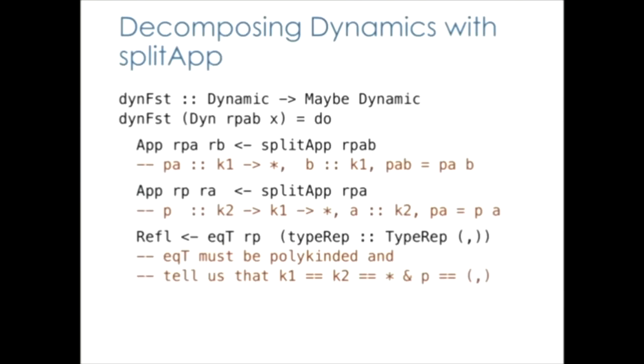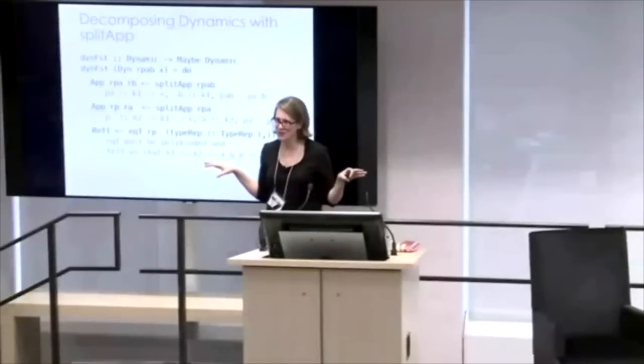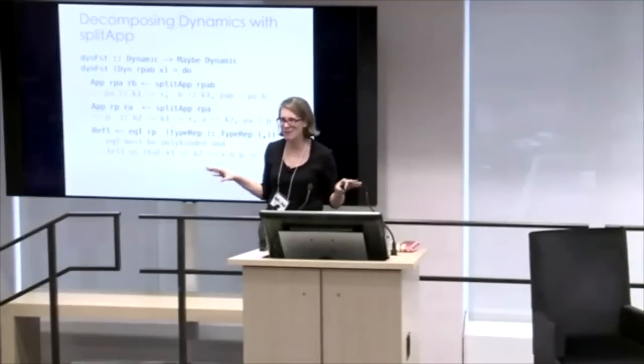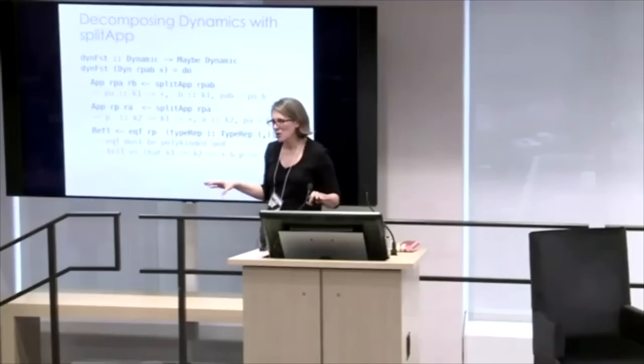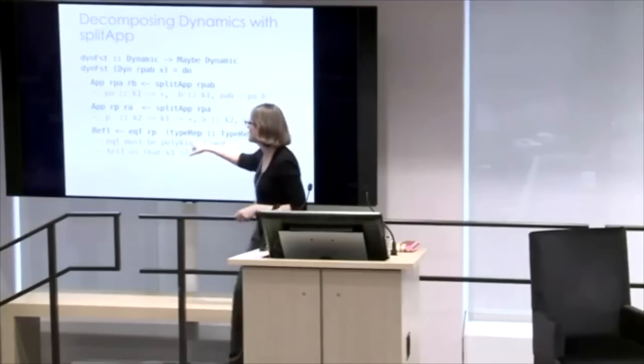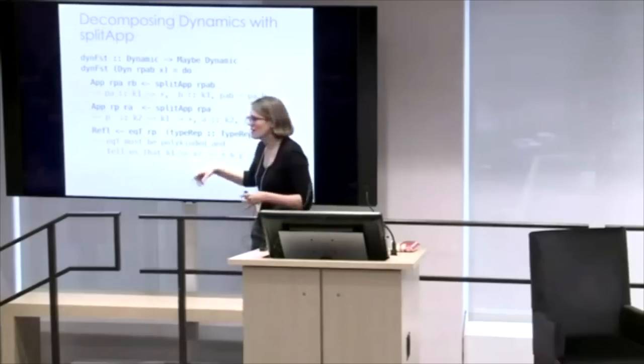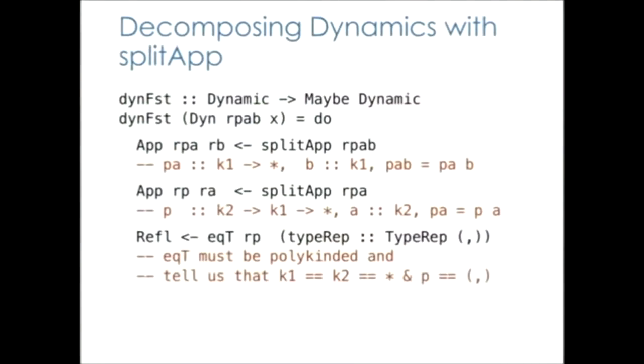We don't know whether they're the same types. We don't even know whether the things that we're looking at have the same kinds. But after we do that comparison, when it comes back, we want to know that if it succeeds, not only is P product type, but it also has to resolve what those kinds are too. Those kinds must match up with what the kind of the product type is.